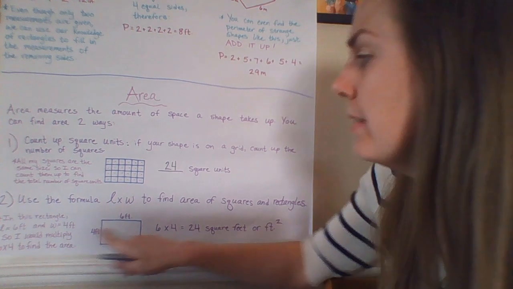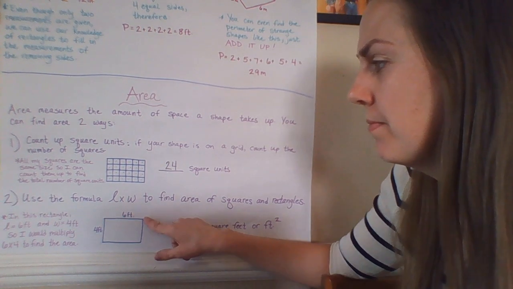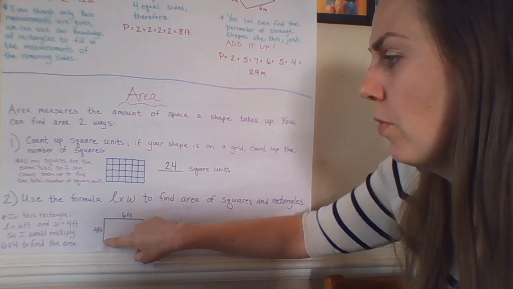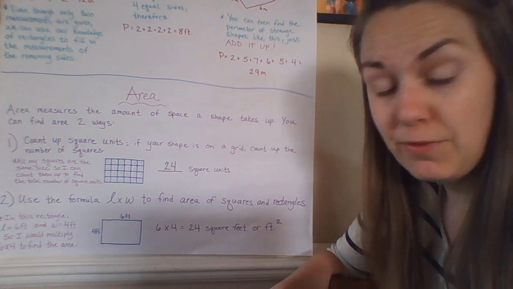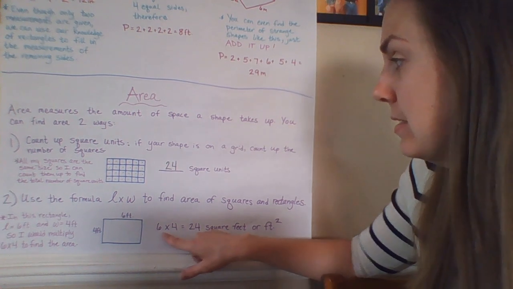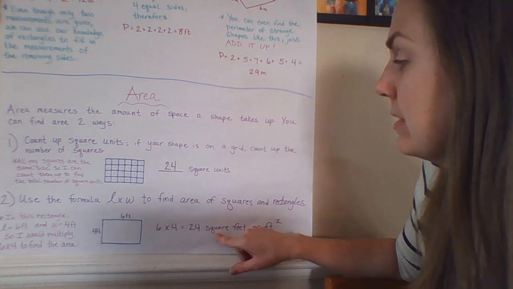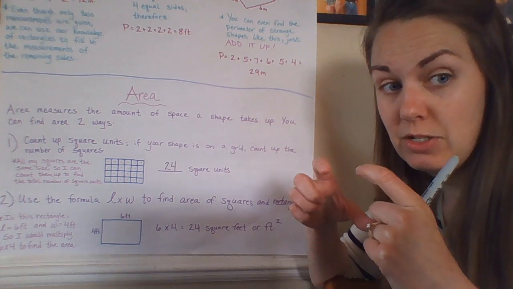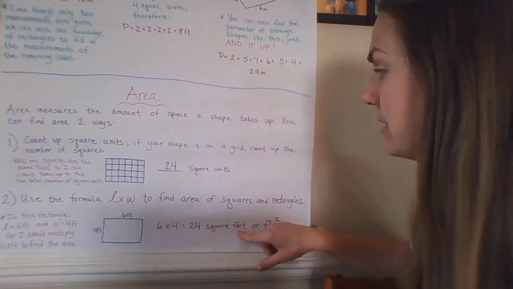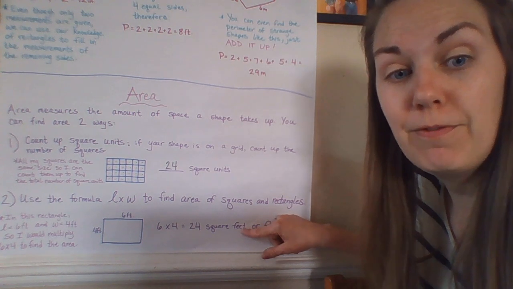So in this rectangle, I have a length of 6 feet and a width of 4 feet. So I would multiply 6 times 4 to find the area. 6 times 4 I know is 24. Now, I still have square because we're still thinking of it in terms of squares, but instead of saying square units, I now know what the units are, so I'm going to say square feet.